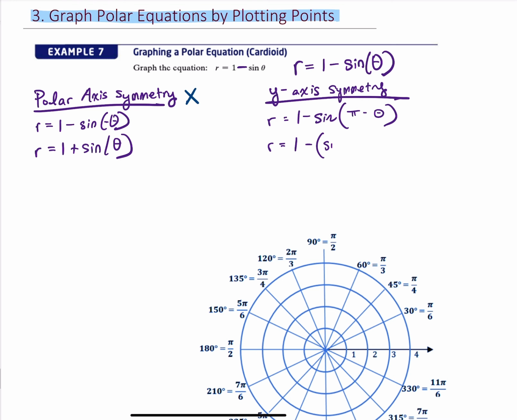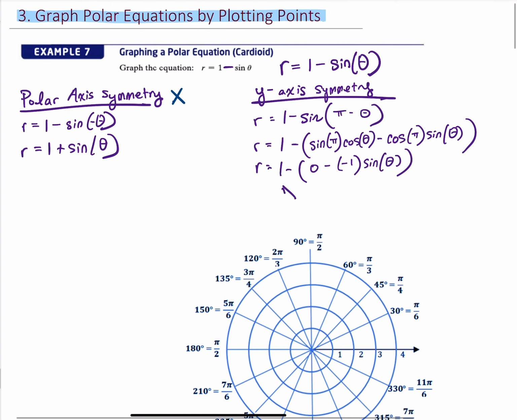So if you remember, this should be the sine of the first angle times the cosine of the second angle minus the cosine of the first angle times the sine of the second angle. The sine of pi is 0, so that will make that first term 0. The cosine of pi is negative 1, and then times the sine of theta.